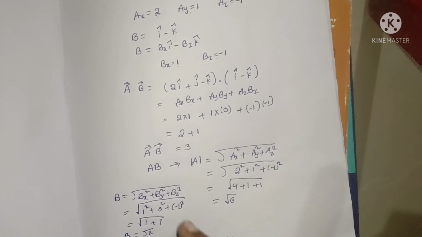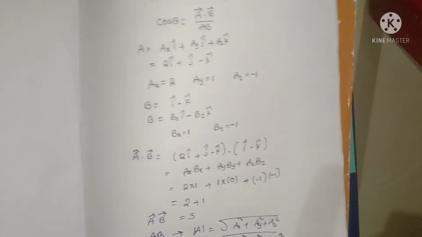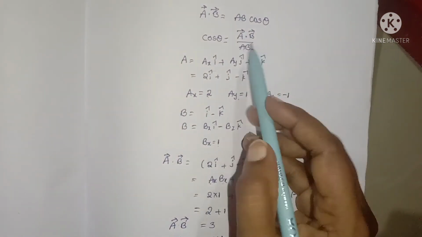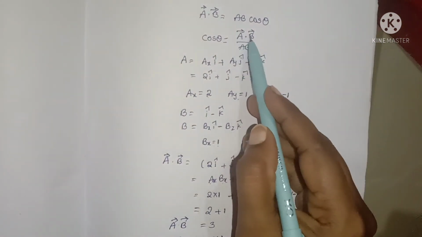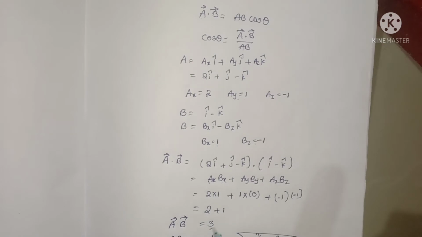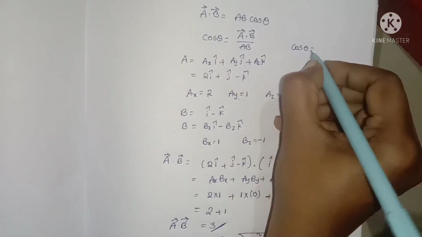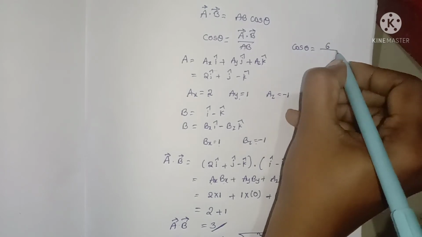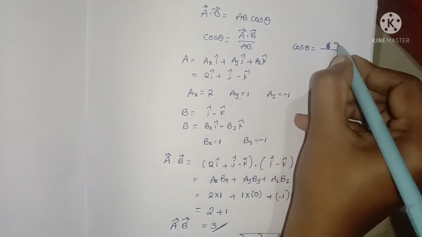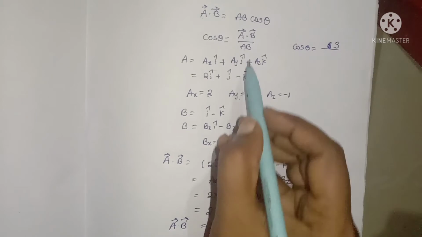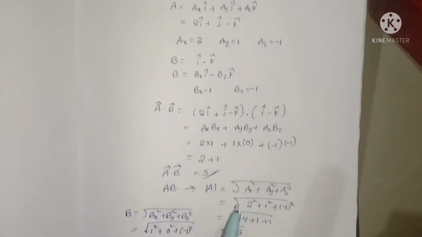Now we have to substitute these values here. A bar dot B bar value, how much did you get? 3. So substitute: cos theta equals 3 by AB.